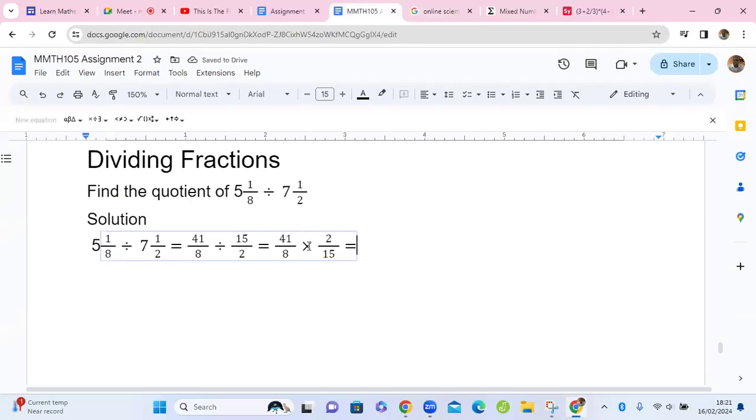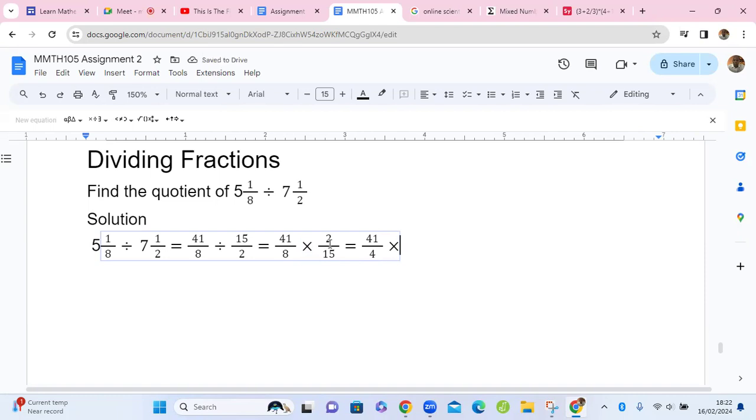However, that was deliberate. I put the 2 there and the 8 there because it's possible to cross simplify before you multiply. 2 can go into 2 once, 2 can go into 8 4 times. So this 41 over 8 can be simplified to 41 over 4 times, but you cannot just simplify one fraction alone.